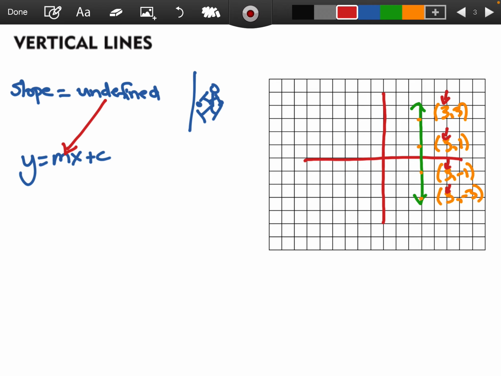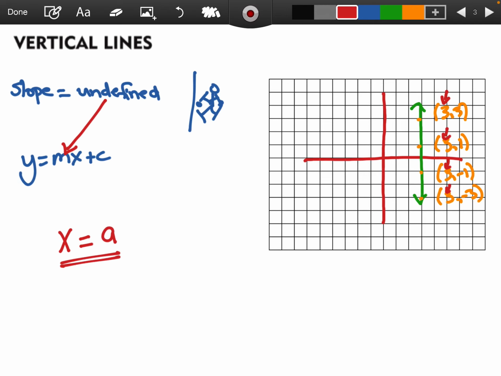So for a vertical line, the equation is x equals a. a doesn't really represent anything other than another variable. In this case, it also represents the x-intercept, but it doesn't really have that meaning anywhere else, so don't pay too much attention to that. Because with a vertical line, the only thing that matters is the x-coordinate.